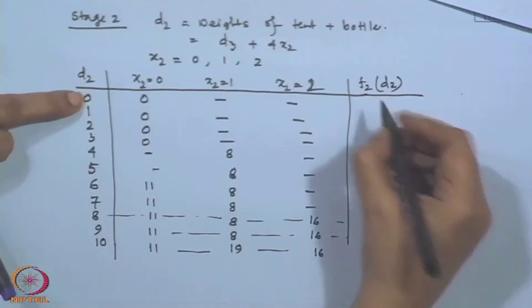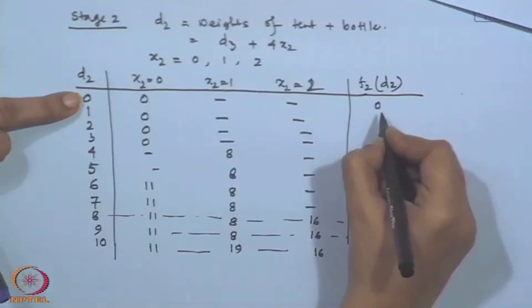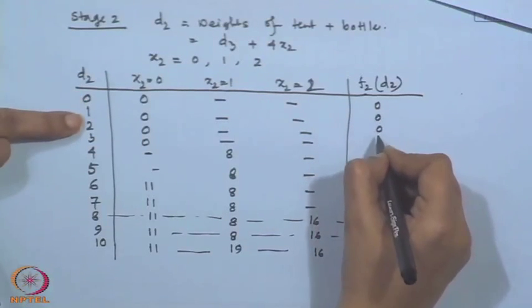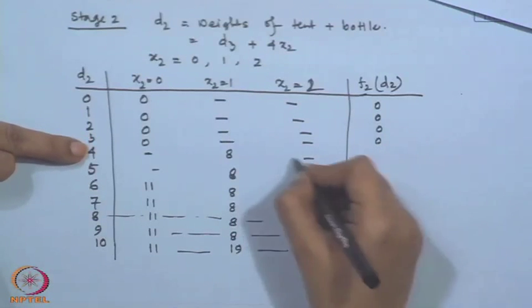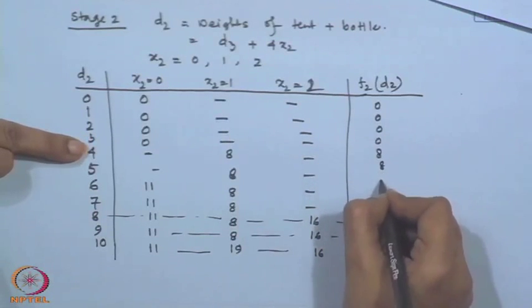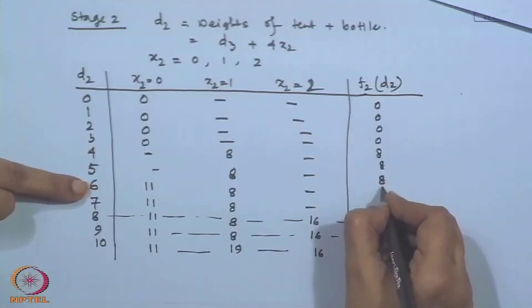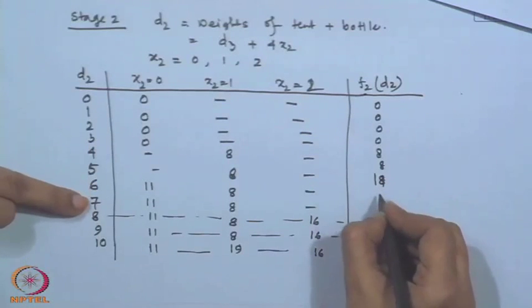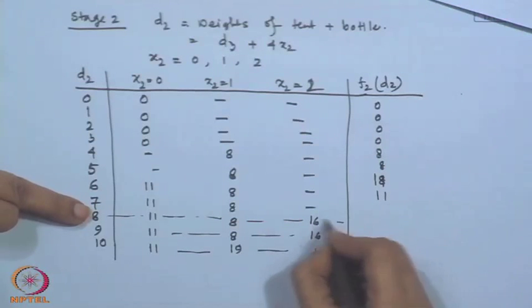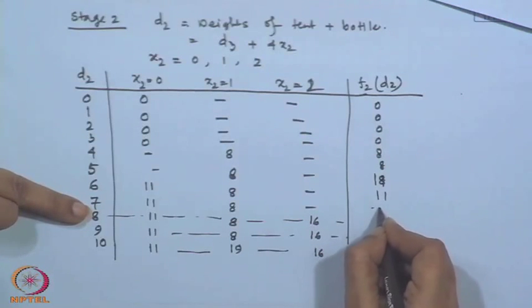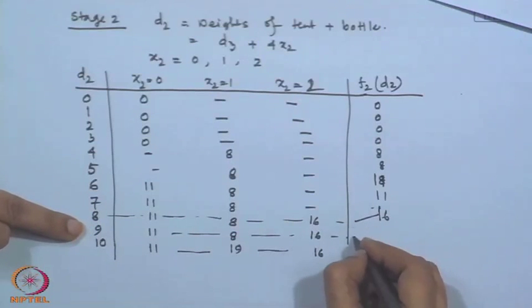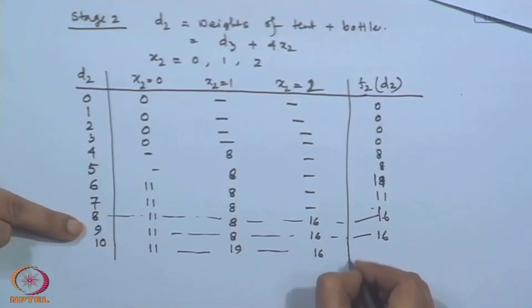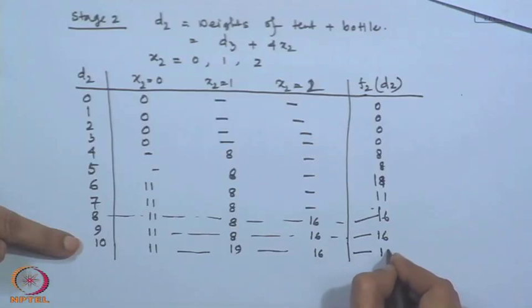When D2 equal to 0, the utility value is 0. If I just move in this way up to 3, this is 0, up for 4 it is 8, again for 6 it is 11, for 7 it is 11, for 8 maximum value is 16, this is for 8, this is for 9 the maximum value is 16, but see for 10 the maximum value is 19.